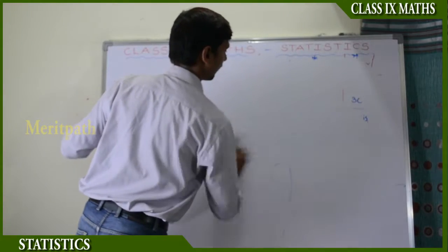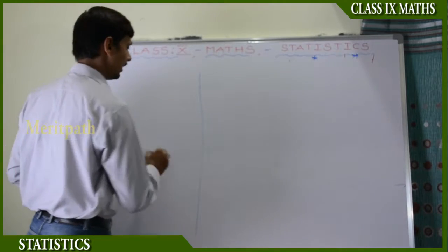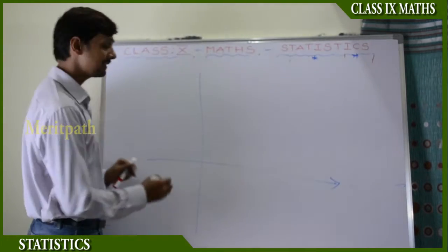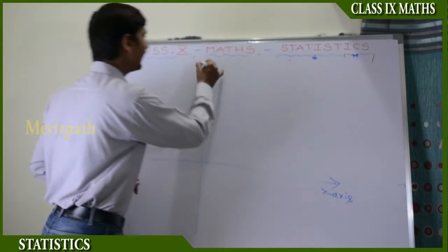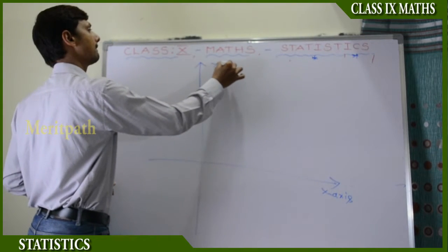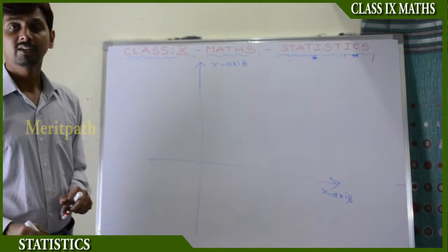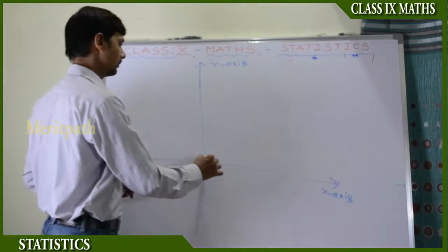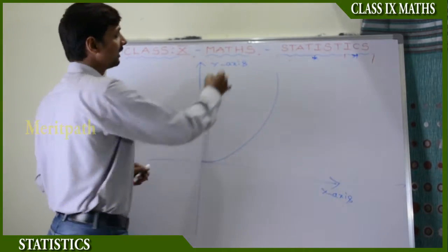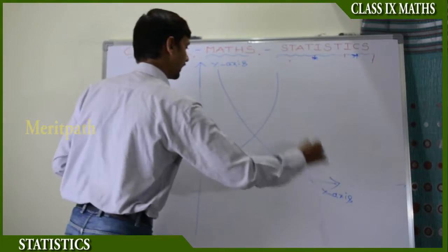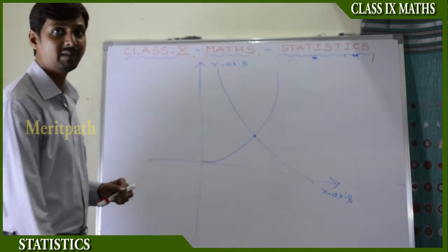let's draw the x-axis. Sorry, this is the x-axis and y-axis. And we plot the points of the less than cumulative curve. For example, we'll get it like this, and the greater than cumulative frequency curve like this, and together, what is the value we'll be getting here?